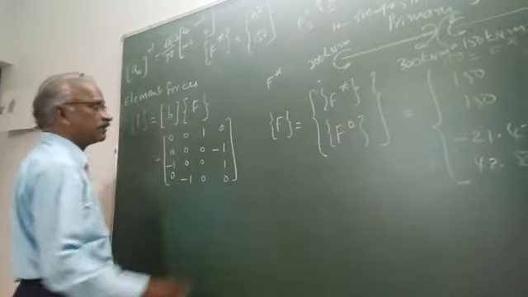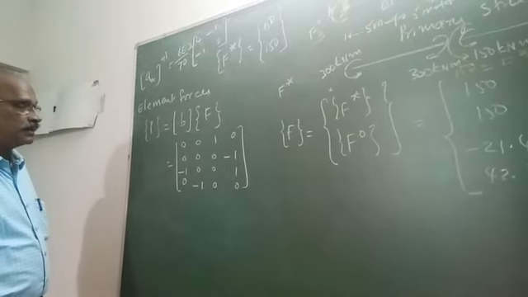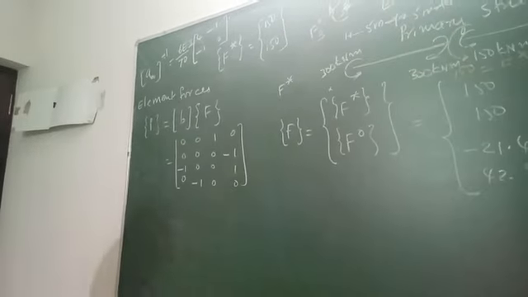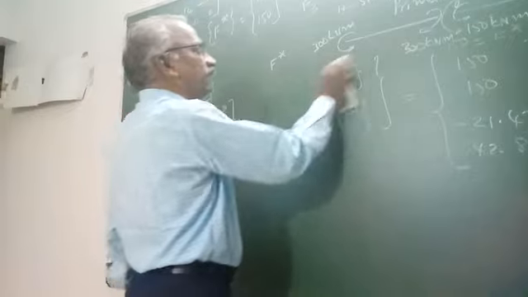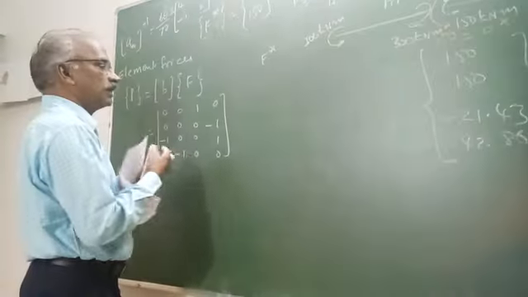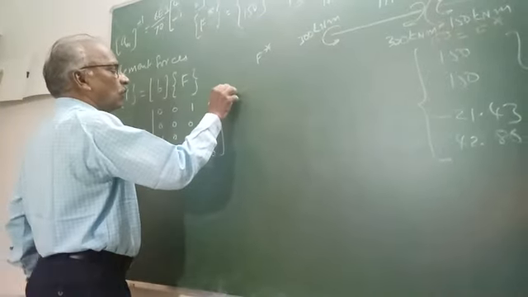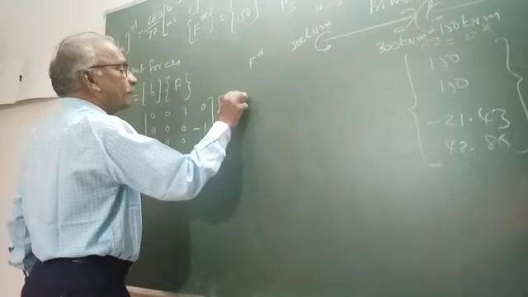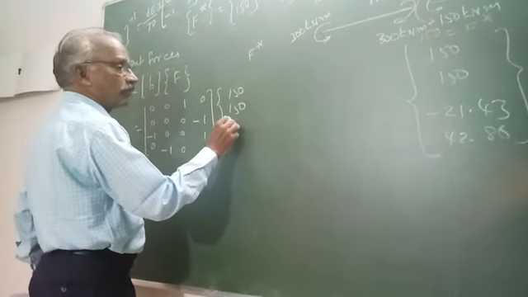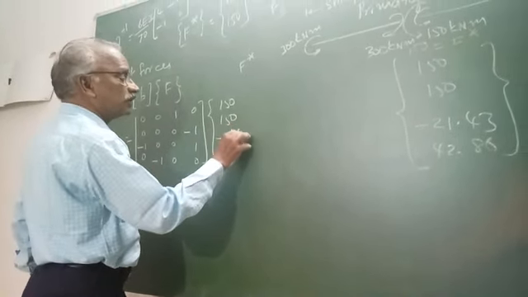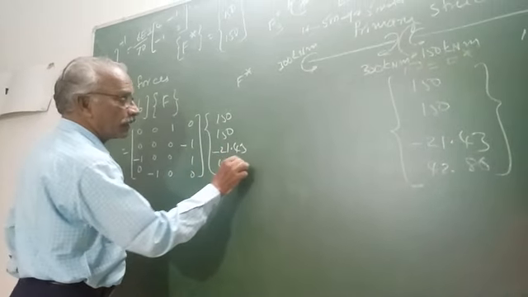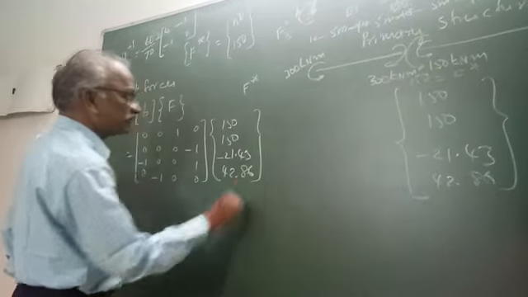This is the B matrix that we have already derived, multiplied by F. F is equal to 150, minus 21.43, 42.86.